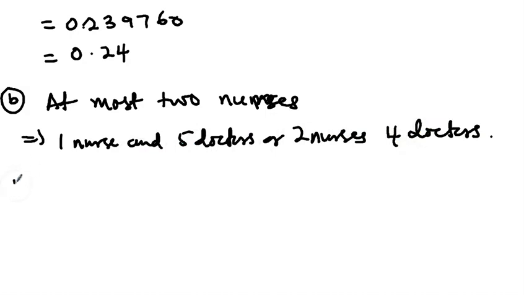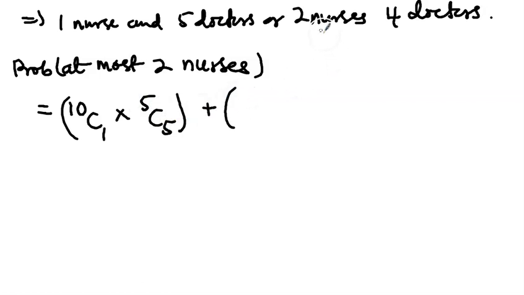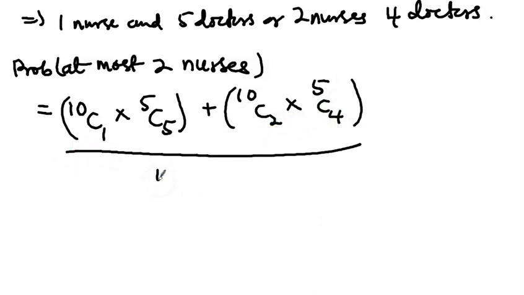So the probability of at most 2 nurses is equal to: when choosing 1 nurse, that's 10 choose 1, then 5 doctors, you choose 5, all of them. Or, for 'or' we use plus, we choose 2 nurses, 10 choose 2, times 5 doctors, we are choosing 4. Bear in mind, the panel members are supposed to be 6. So if you choose 2 here, then the rest will be 4. Over the total, which is 15 in all, and we are selecting 6.